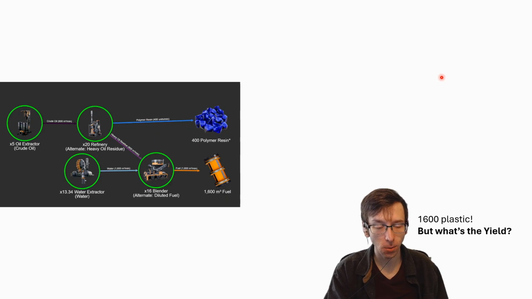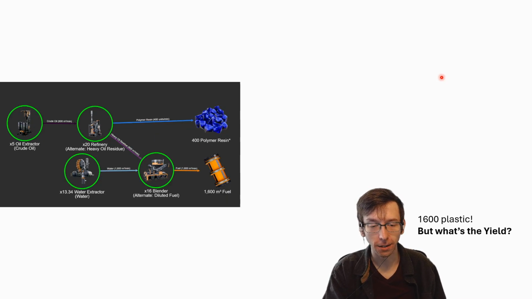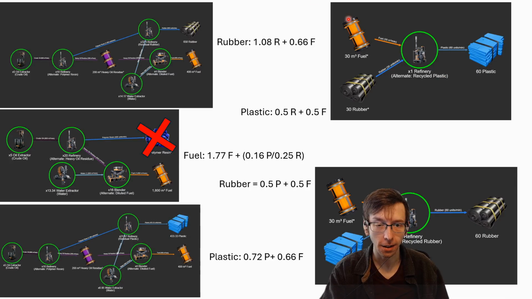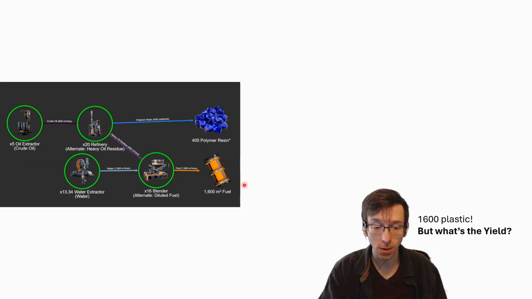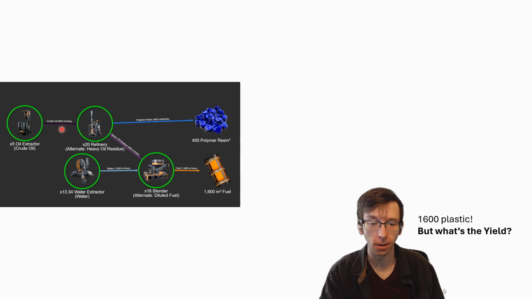If you make as much as you can of polymer resin and fuel, instead of making rubber, instead of making recycled plastic, instead of making anything, if you just make fuel, because that's the highest yield, you can get 1,600 out of 600 crude oil.